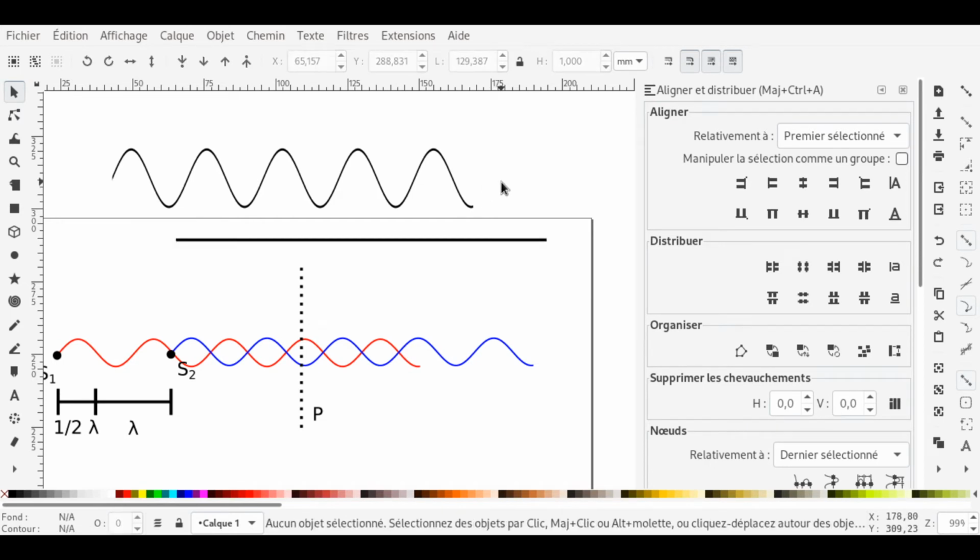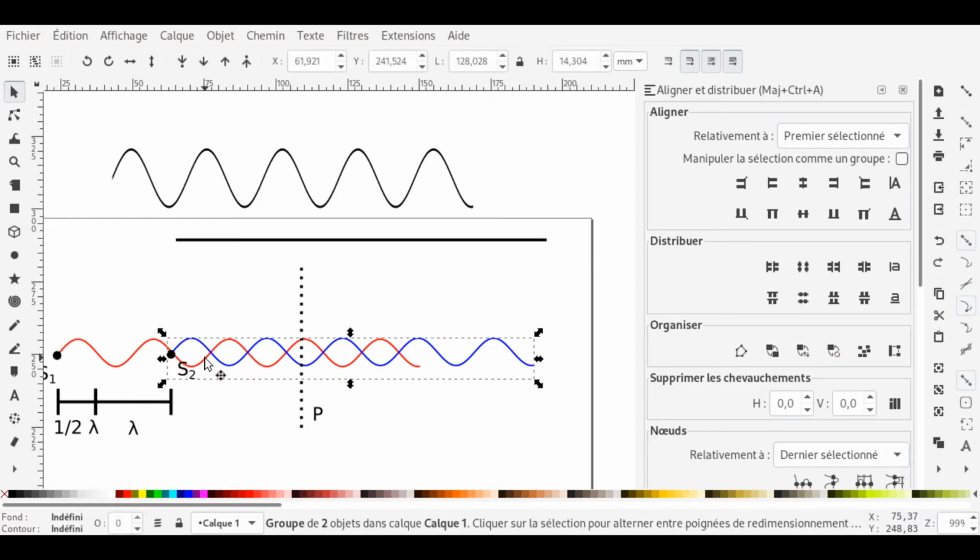So we'll have destructive interference whenever the difference between the two distances, so the difference between this distance that the first wave traveled from the first source towards position P, and this distance that the second wave traveled from its source towards position P, differs by half a wavelength plus some number of wavelengths.